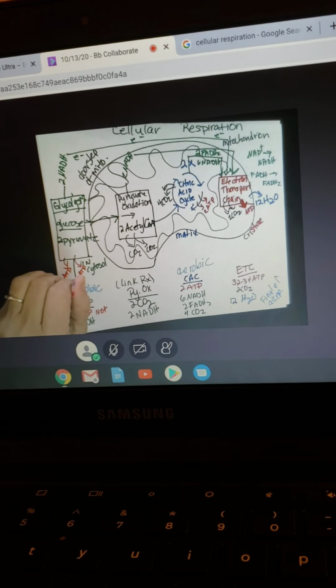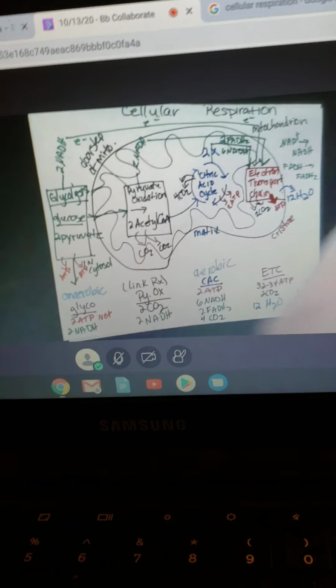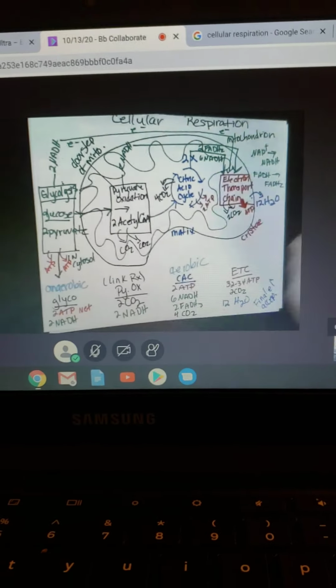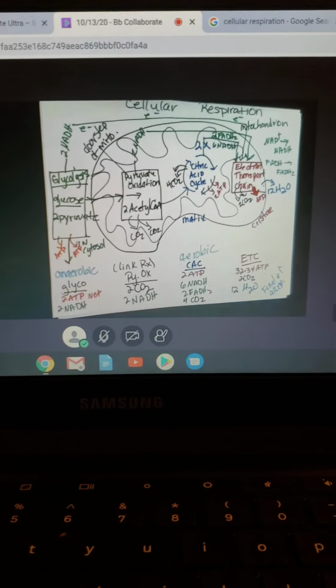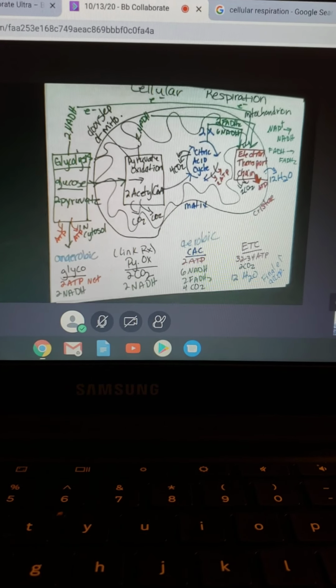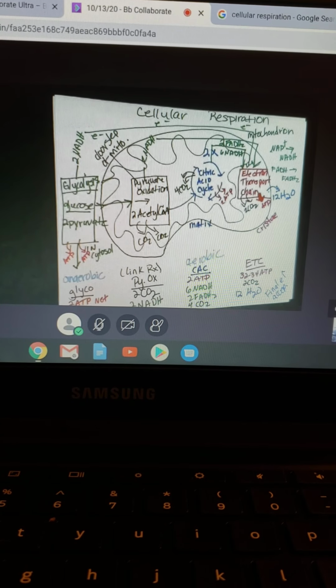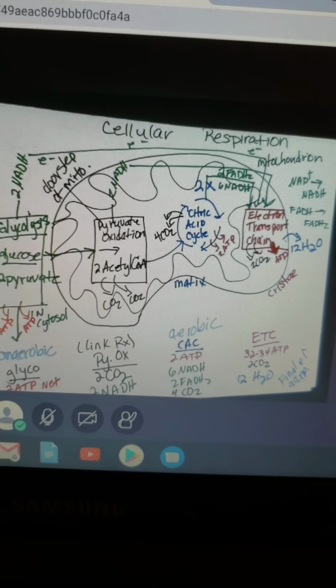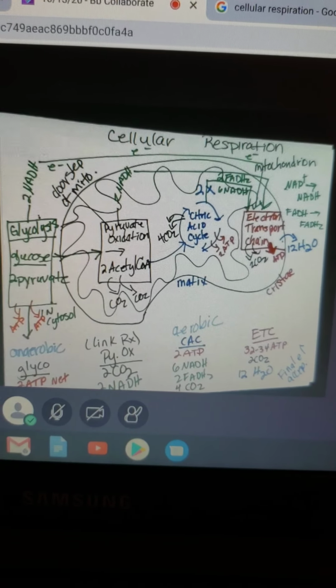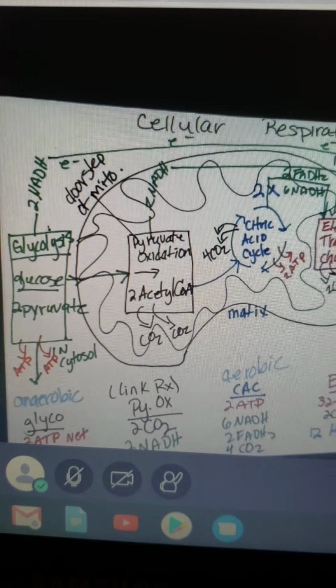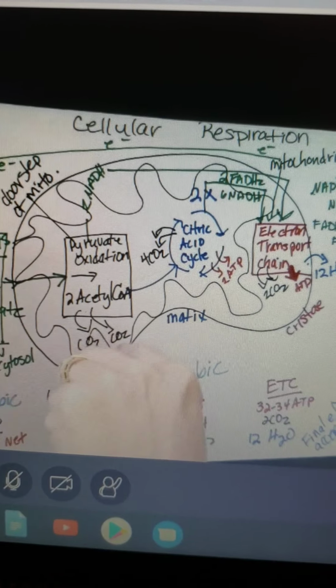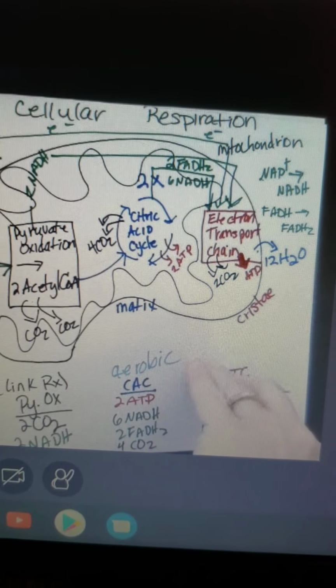So why do we breathe? I usually start with this, but I didn't, so we're going to go over it now. Why do we breathe? We breathe to take in oxygen. Now, knowing what I just told you about cellular respiration, is that oxygen important? Yes, but most of the time when I start off, we haven't gone over any of this, and I say, why do we breathe? People say, well, to live, right? We do. It's because we have to have that oxygen in order to make ATP, okay?